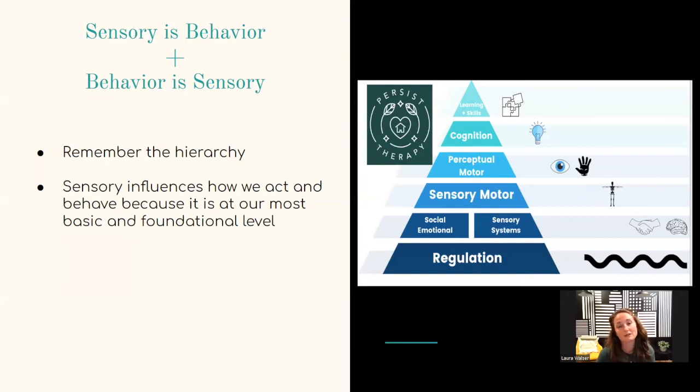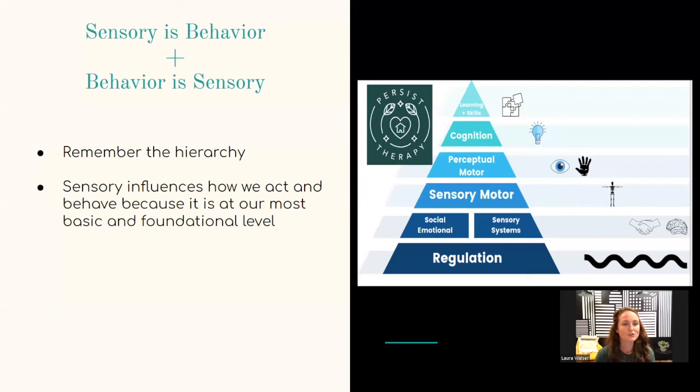Or maybe they're even perceiving the situation incorrectly. And so maybe there's clumsiness going all over and someone gets pushed and it's really because of incoordination and clumsiness, but the child might be super over-responsive to their environment, and they might perceive that as a threat and feel like they need to fight back.